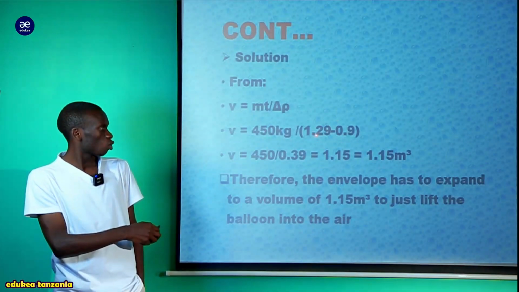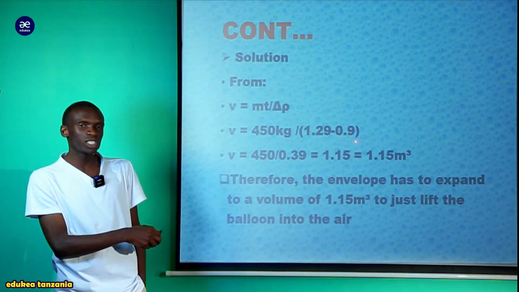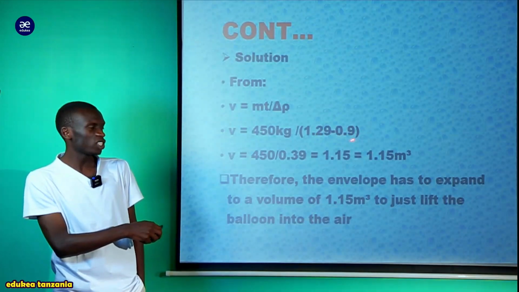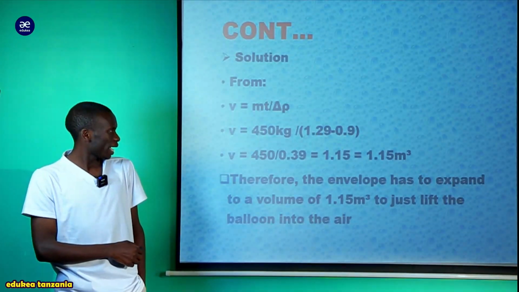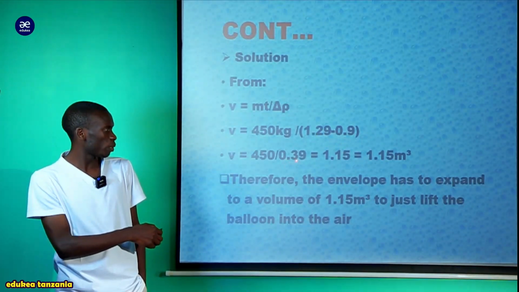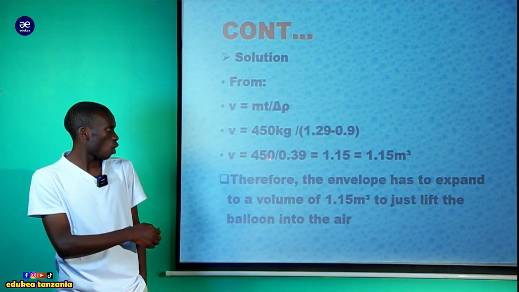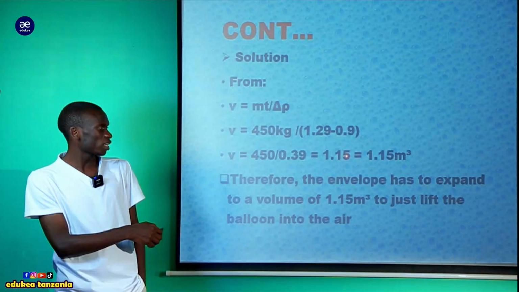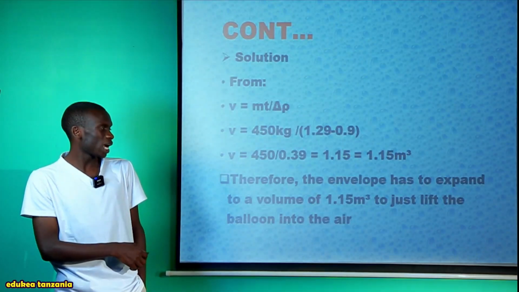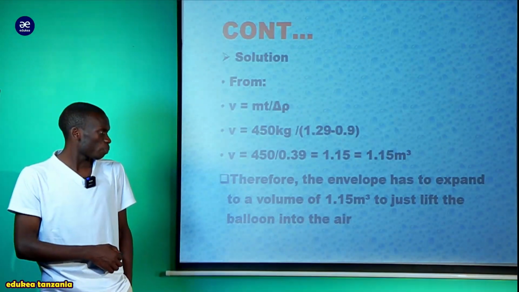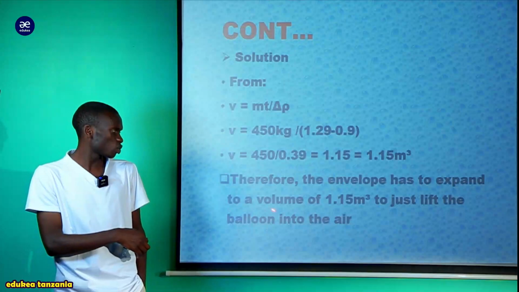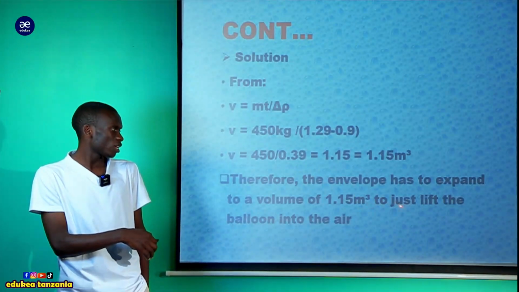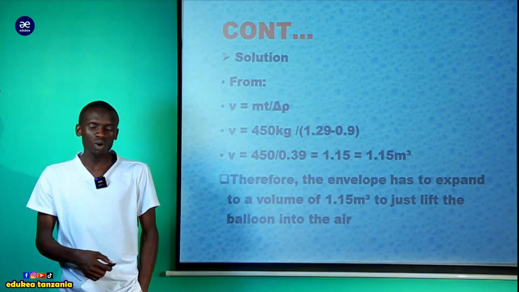Change in density: take 1.29 minus 0.9. This is for cold air, this is for hot air. Here we obtain 0.39. 450 divided by 0.39, you get 1.15 meter cubic. So the envelope has to expand to a volume of 1.15 meter cubic to just lift the balloon into the air.